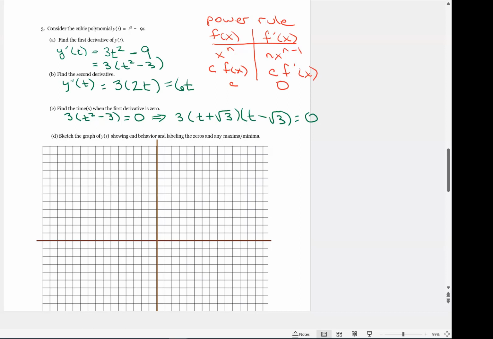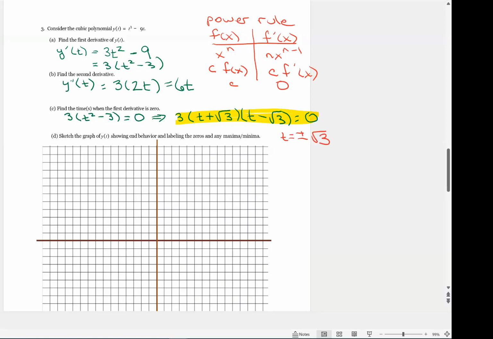Now I can find my zeros. I'm going to solve for t in this equation. 3 is never going to equal 0, obviously. So I have two solutions: t equals plus or minus the square root of 3.